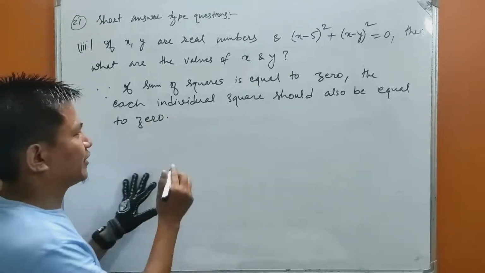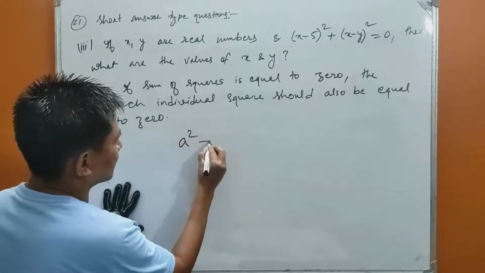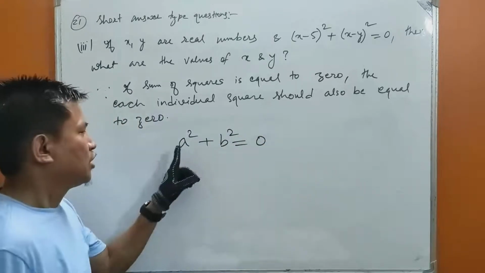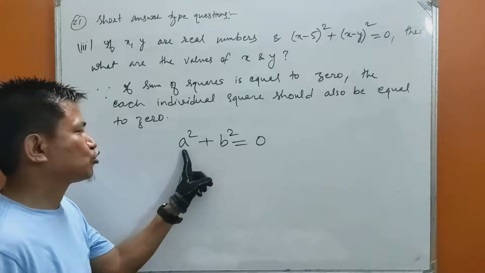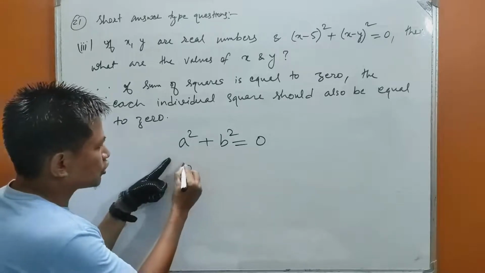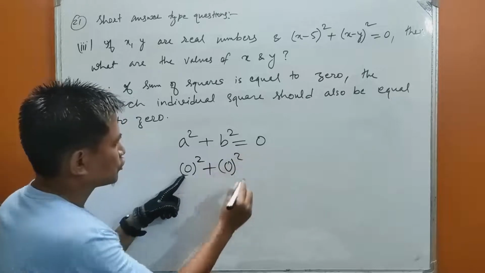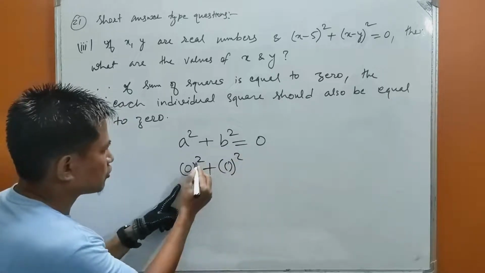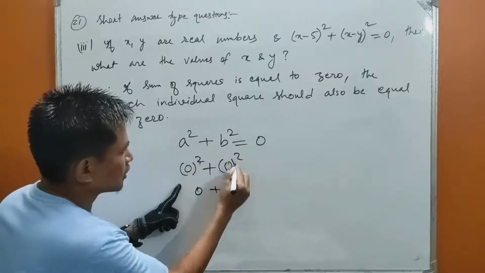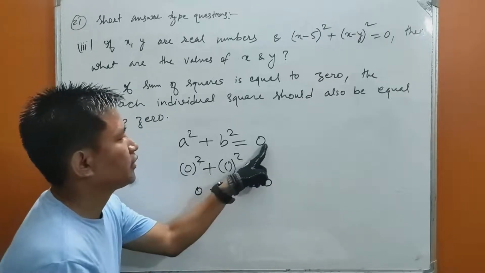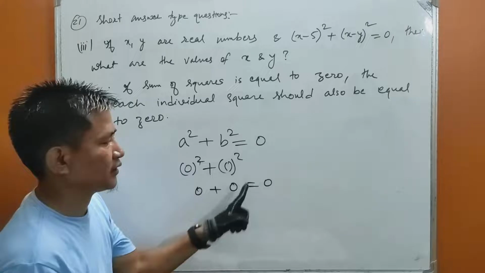Let me explain you again. If a square plus b square equals 0, each individual square should be equal to 0, then only 0 square plus 0 square, which is 0 plus 0, will give you 0. Then only you will get 0 on the right hand side.